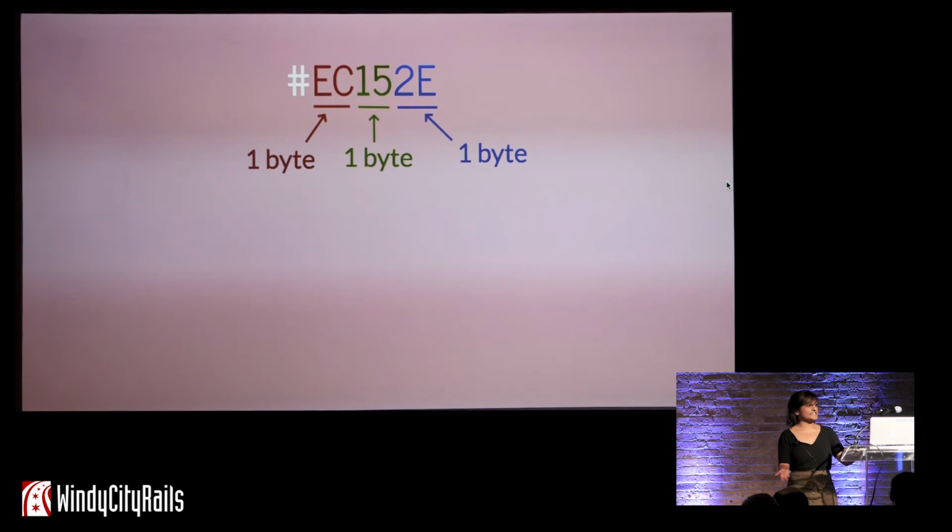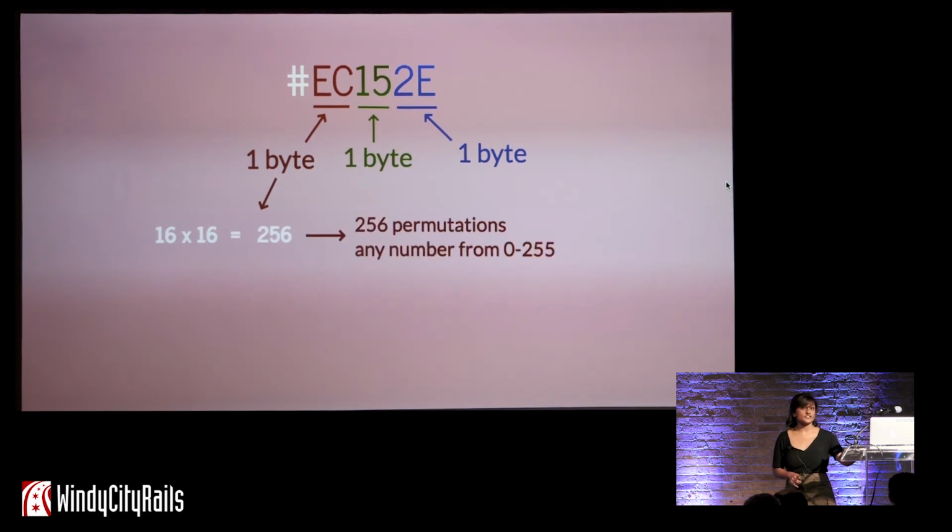So let's look at EC, for example. 1 byte of information. 16 values that could be in E, and 16 values that could be in C. So that means in this 1 byte of information, we have 16 times 16 possible permutations, which is where, if you've ever written an RGB color and accidentally typed 256 instead of 255 and gotten a crazy CSS error and gotten really confused, this is why, because you can only have 256 permutations and it starts with 0. So you can have 0 through 255.